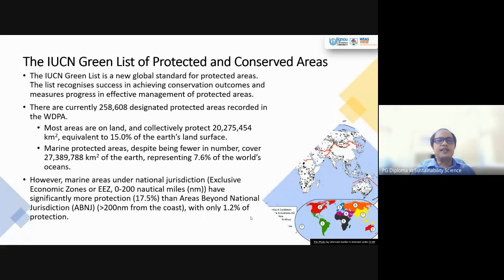Most areas are on land. This is the figure in percentage: about 15% of the land surface is under the World Database on Protected Areas. As per the data provided by the IUCN Green List, 15% of the earth's land surface is under the list of protected and conserved areas.